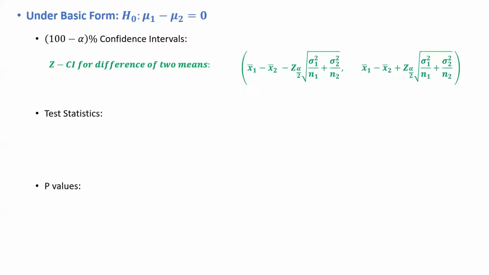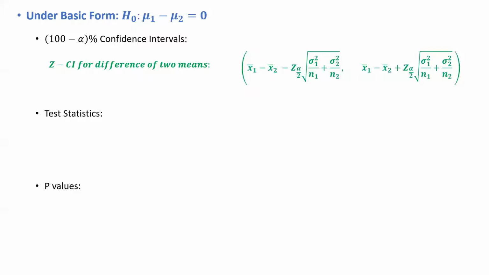You will need this two-sided z confidence interval if your alternative hypothesis is a two-sided alternative, i.e. your H1 should be mu1 not equal to mu2. All you have to do is to see if 0 is inside of the confidence interval. If it does, you accept the null hypothesis, which indicates the true mean difference is equal to 0.